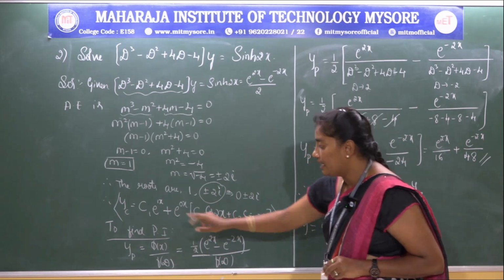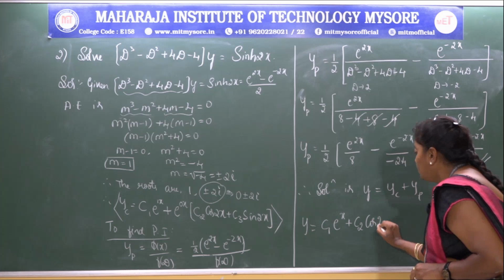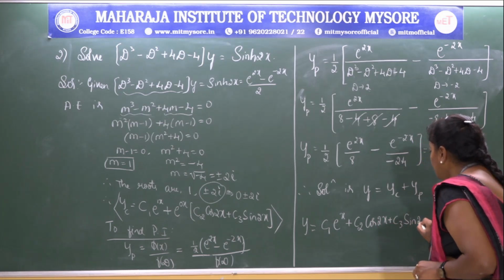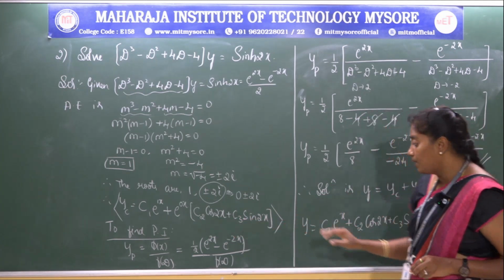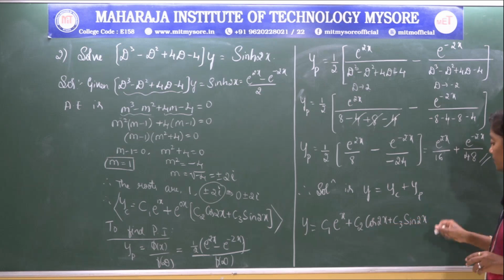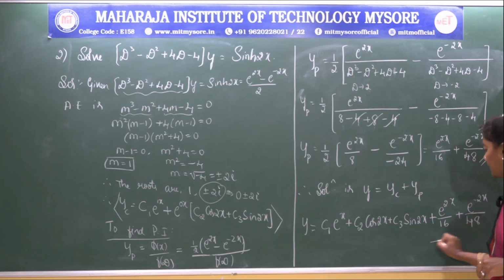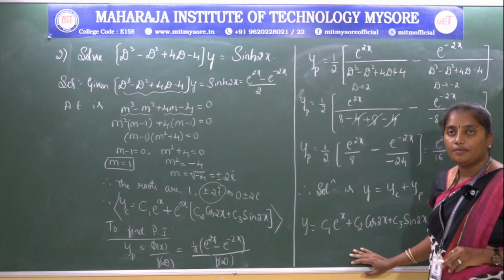So that's why 1 into c2 cos 2x plus c3 sin 2x. This is the complementary function, plus the particular integral value is e power of 2x by 16 plus e power of minus 2x divided by 48. So this is the solution of the given differential equation.